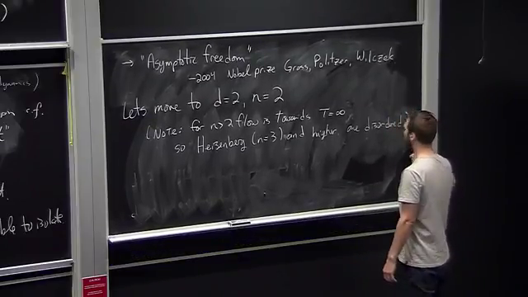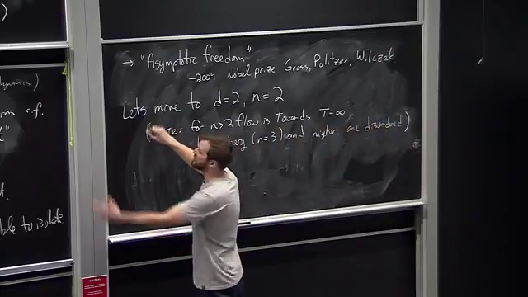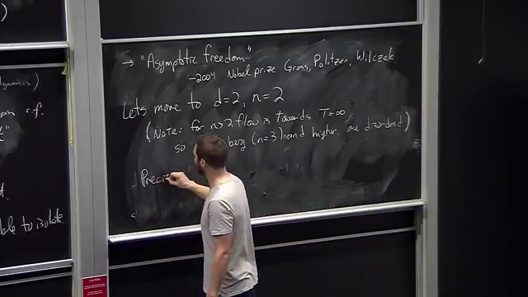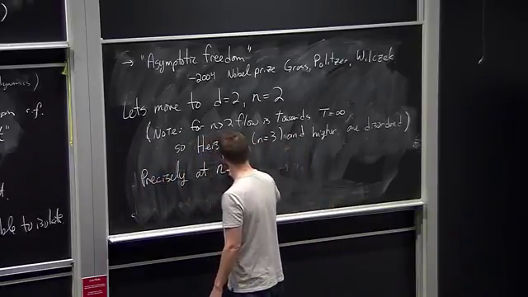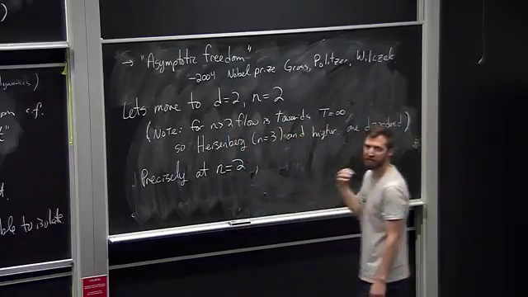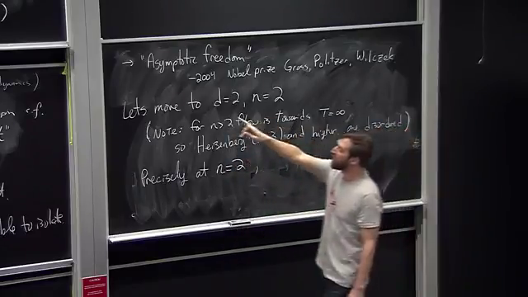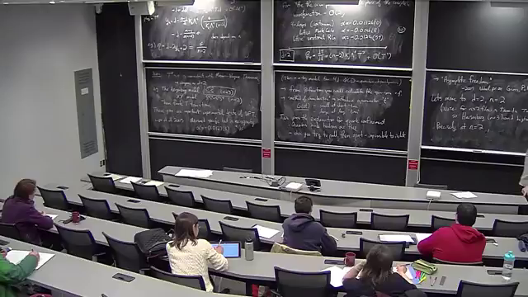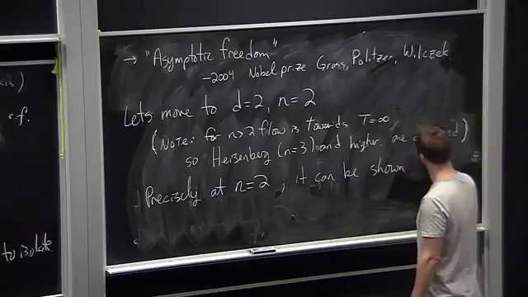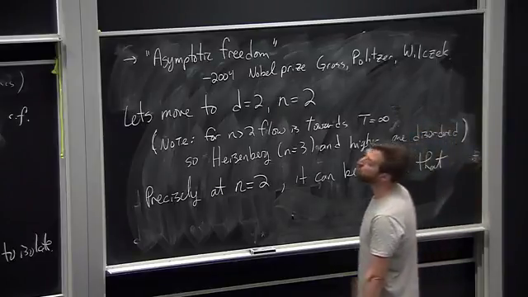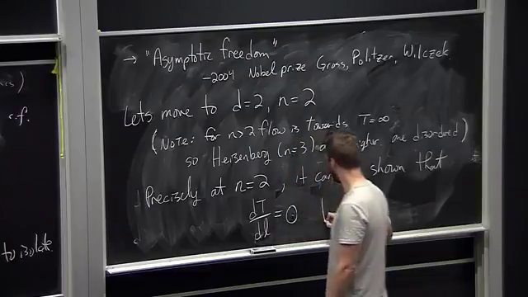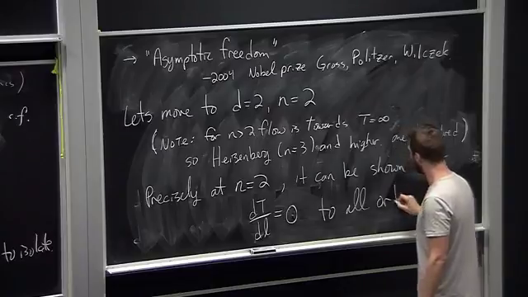So 2 is the only case that we don't know, because what happens is our beta function is 0 on the right-hand side. And if we kept going to higher and higher orders in T, for example, you can show that it's 0 to all orders. dl equals 0 to all orders.